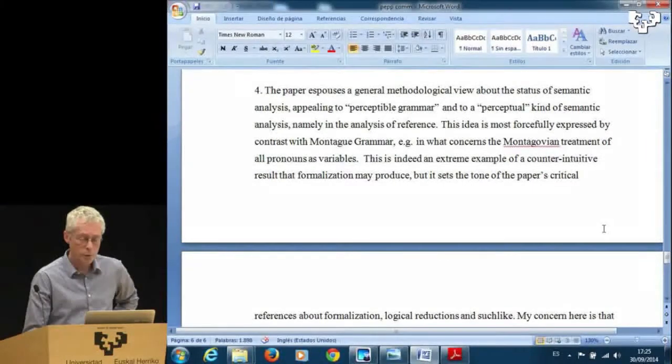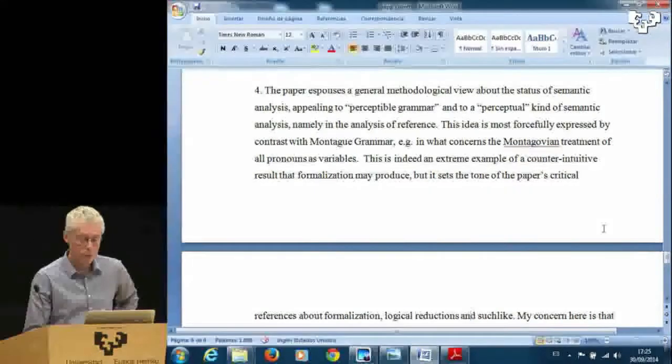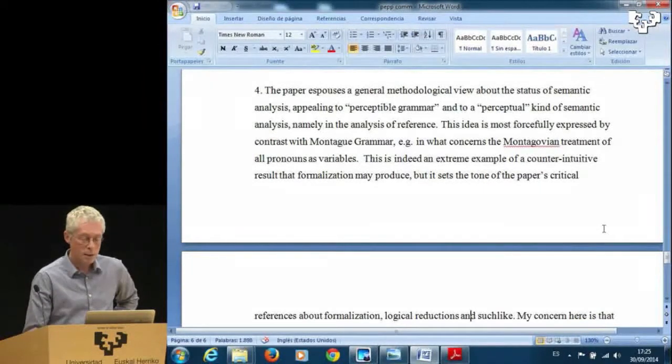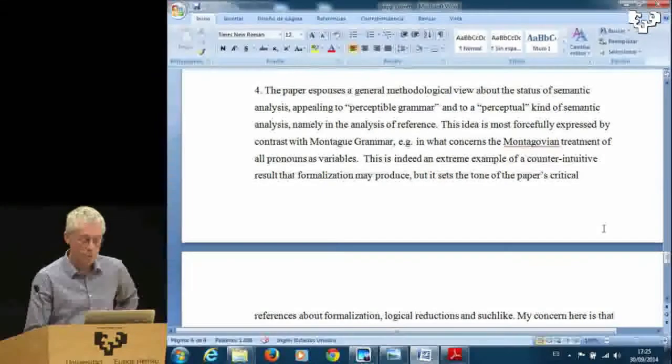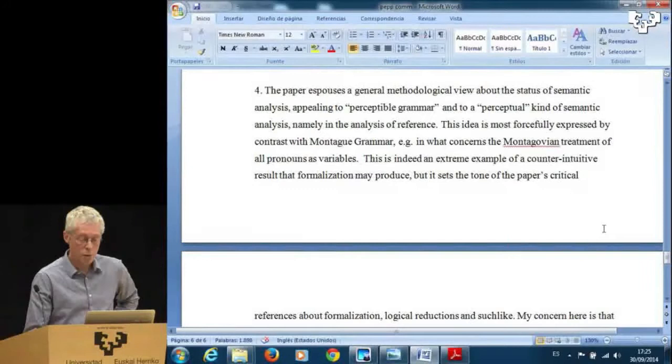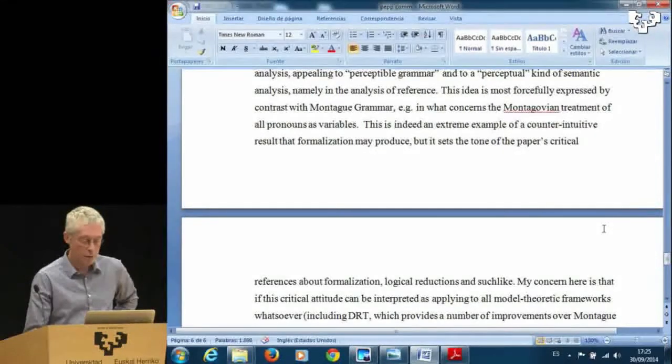This idea is most forcefully expressed by contrast with Montague grammar, for instance, in what concerns the Montagovian treatment of all pronouns as variables. This is indeed an extreme example of a counterintuitive result that formalization may produce, but it sets the tone of the paper's critical references about formalization, logical reductions, and the like.